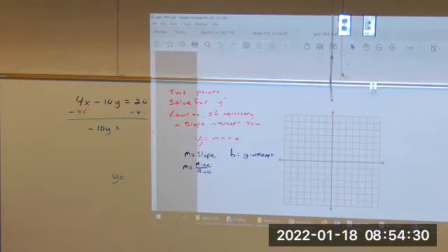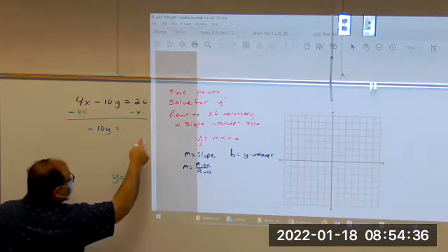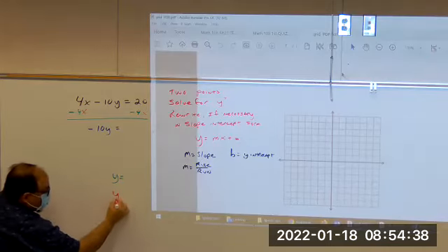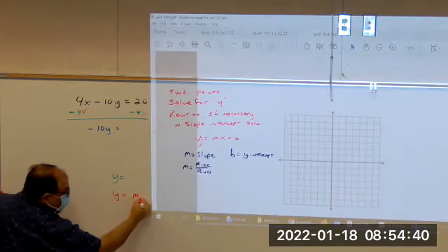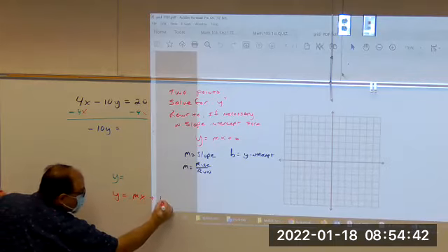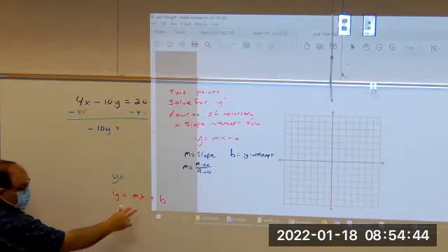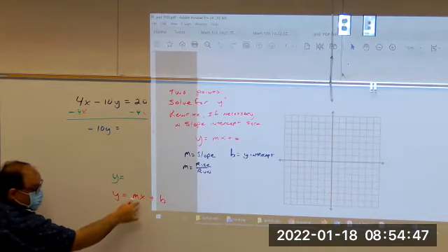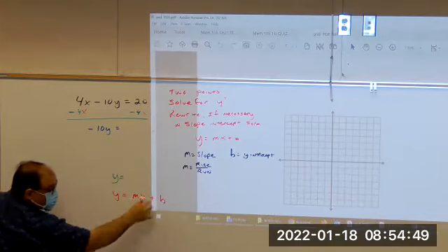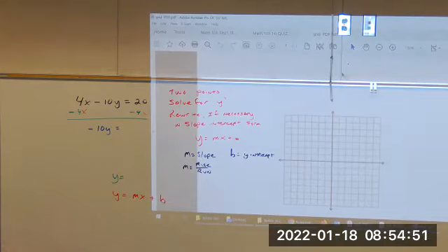Now, 20 minus 4x, they're not like terms, so you can't do any subtraction with that. So what you want to put over here, remember what you're trying to make. You're trying to make y equals mx plus the constant. The variable x should be in front of the constant. X and then the constant.